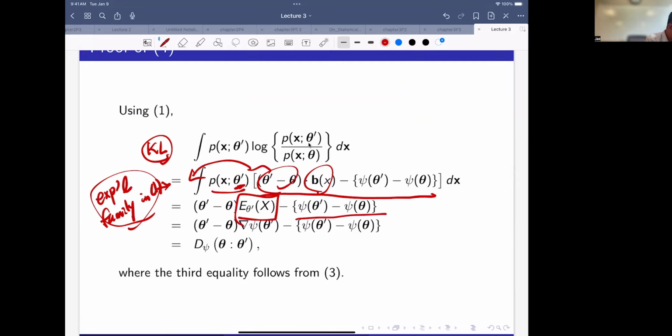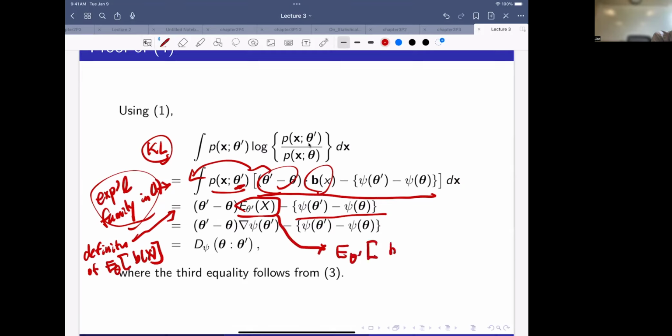And so this is the definition of expectation of p(x). Actually this is not really correct, because this should be the expectation at theta prime of p(x).